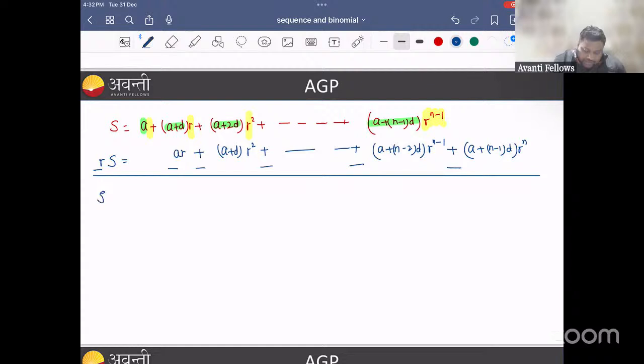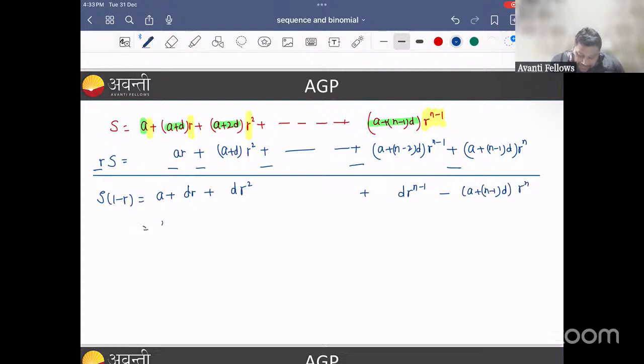So this is S into 1 minus R equals, here it is A, this will come as dR, this difference will be dR square, this will be dR to the power N minus 1, and this will be minus of A plus N minus 1 into D into R to the power N.